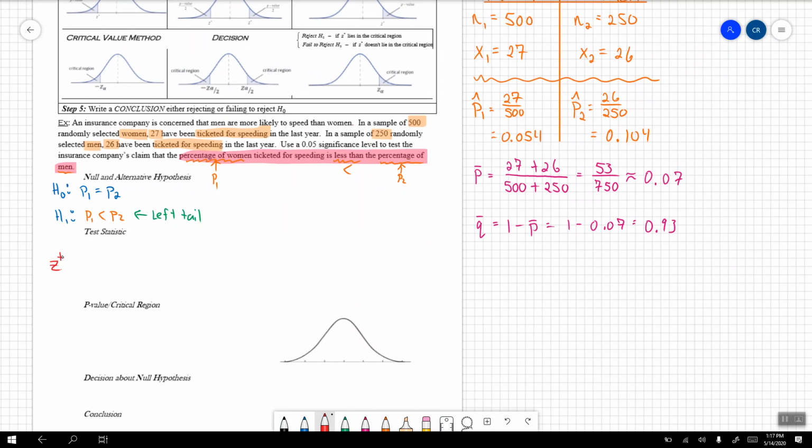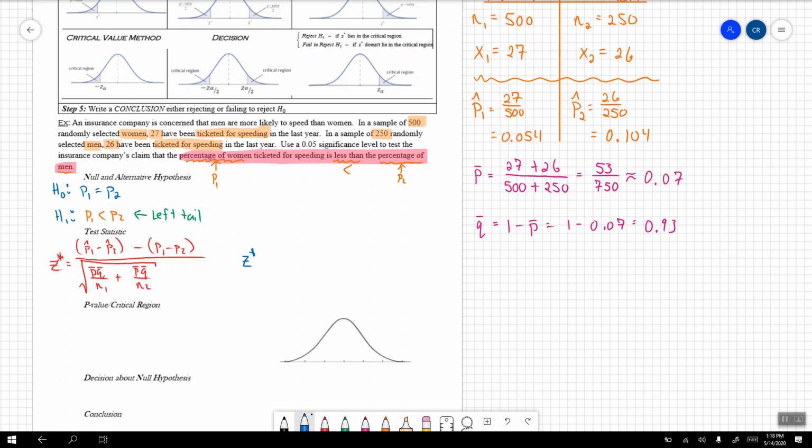So I'm going to be using this formula, which is P hat 1 minus P hat 2, subtracted by P1 minus P2, divided by P bar Q bar divided by n sub 1 plus P bar Q bar divided by n sub 2, and that denominator is then square rooted. So let's make all of these insertions here.